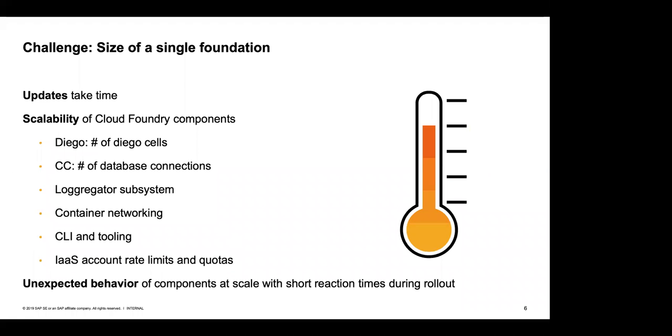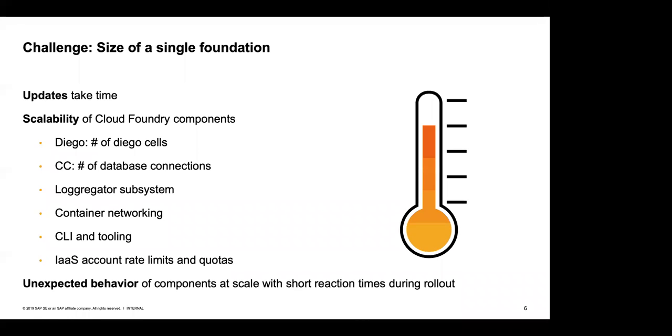So what are by and large the rough categories that we see when we talk about the size of a single foundation? Where are the challenges there? First of all, you've seen the number of CPUs that we have, which you can roughly translate to the number of virtual machines running there. Reality is that creating and deleting virtual machines just takes time.